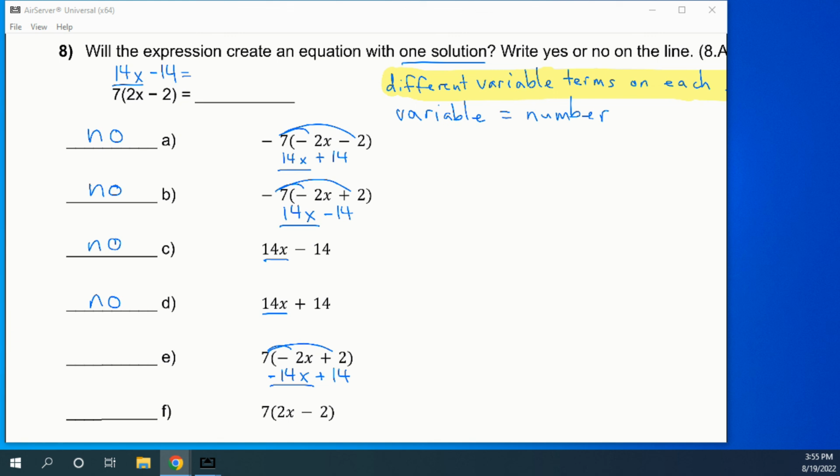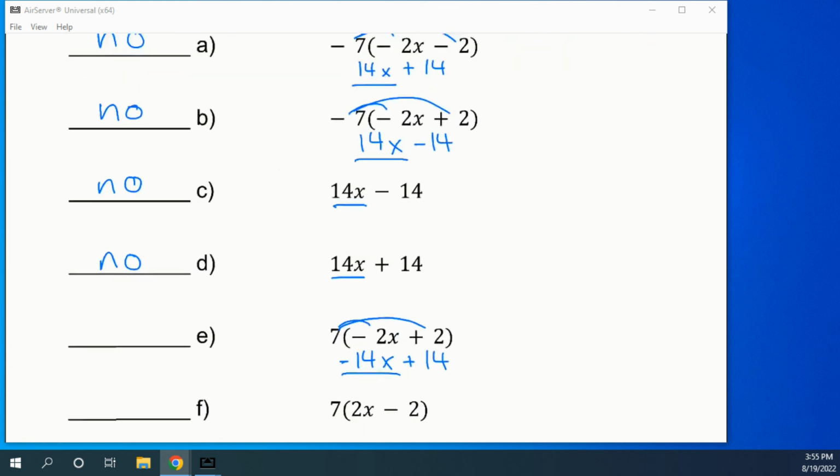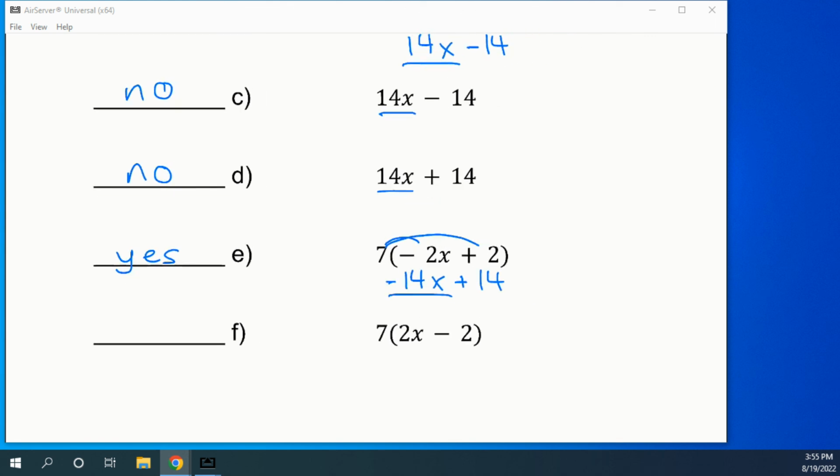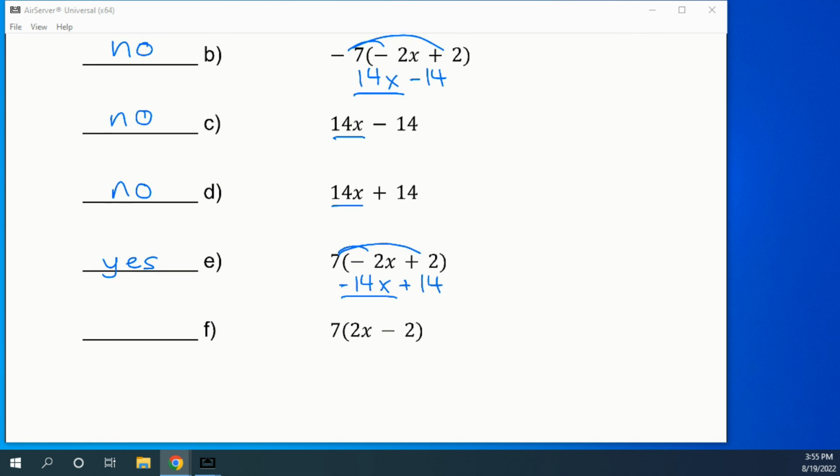So that is different variable terms. We could set this up and solve it, and we would get this as a one solution equation, by definition.